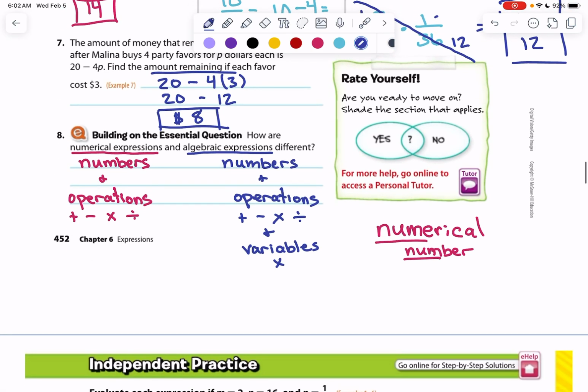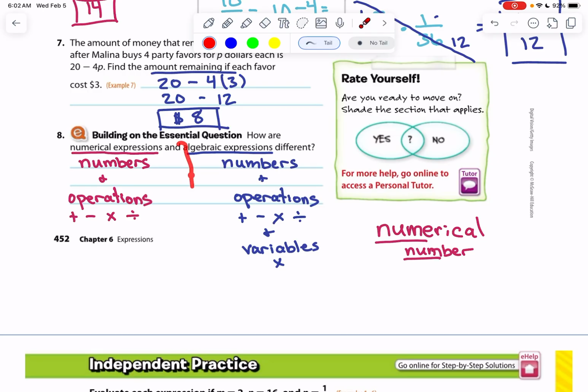Let's take a look at this down here before we leave each other for the day. It says, how are numerical expressions and algebraic expressions different? Well, notice I color-coded this for you here, okay? Numerical expressions have numbers and operations, meaning add, subtract, multiply, or divide, or some combination of those.